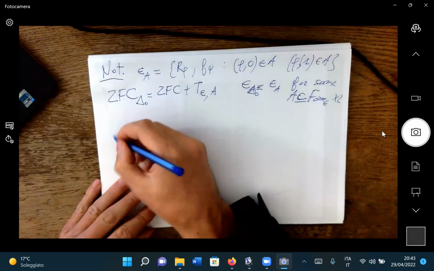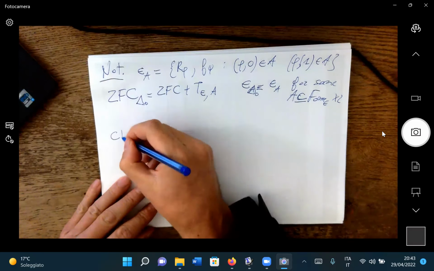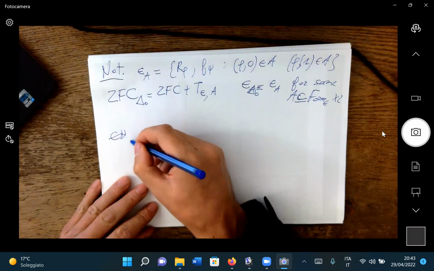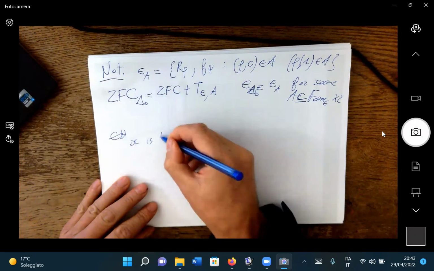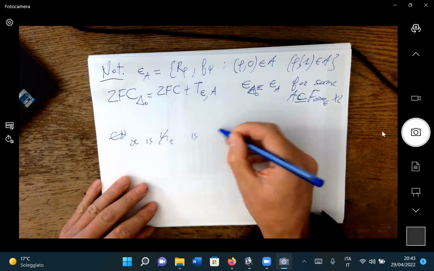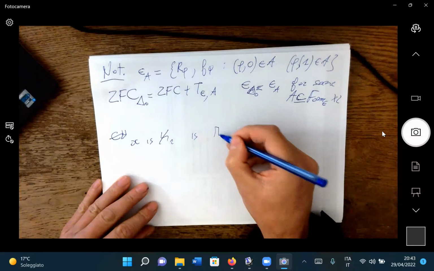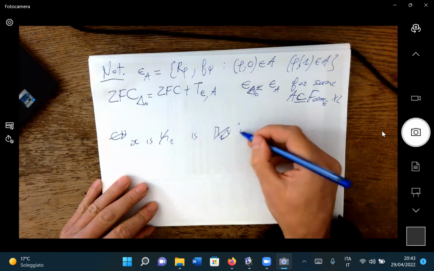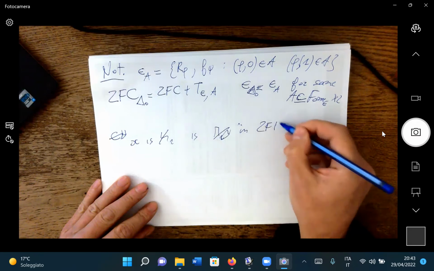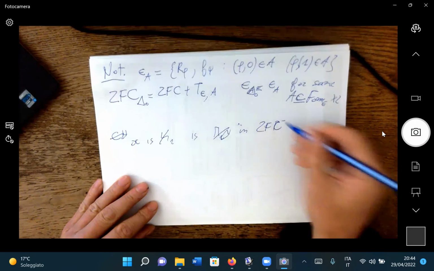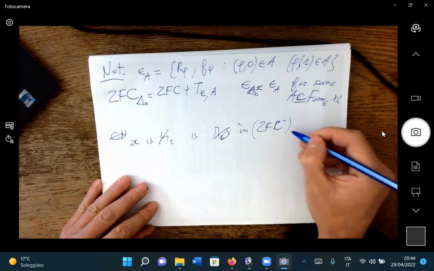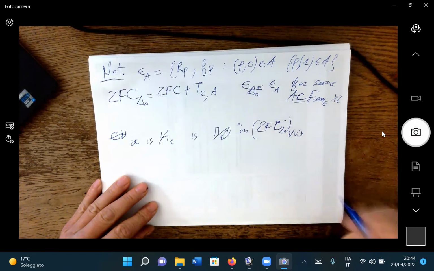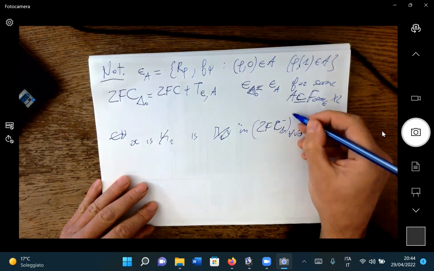Okay, and now what happens is that, for example, CH, X is Aleph 1, is pi 1, well, sigma 1, well, is in ZFC delta 0 for all and exist in epsilon delta 0. Why?